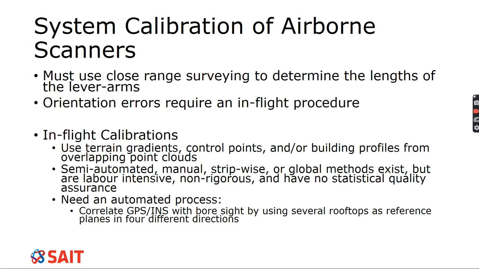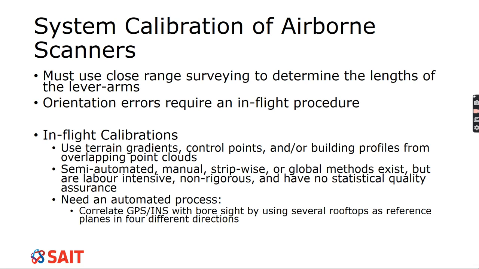Then there are orientation errors as well that can be calibrated through in-flight procedures. These are mostly the orientation of the airplane, but also the angles of those lever arms within the actual airplane itself. And then you have to figure out those angle errors as well.